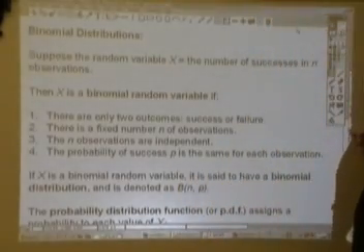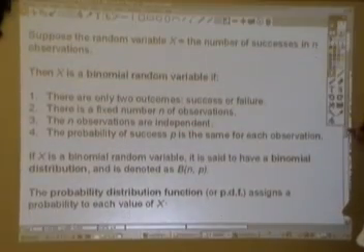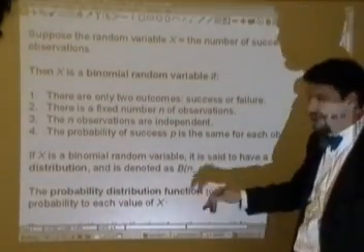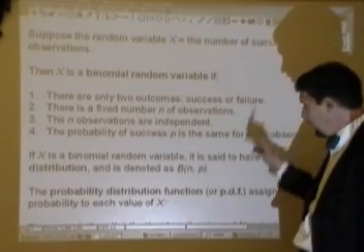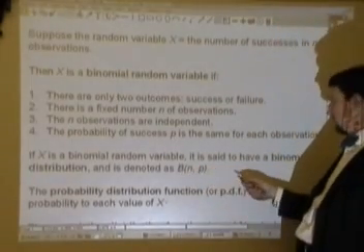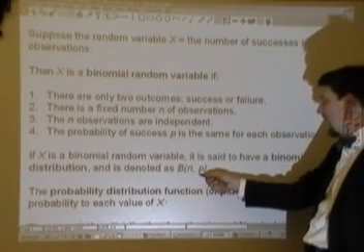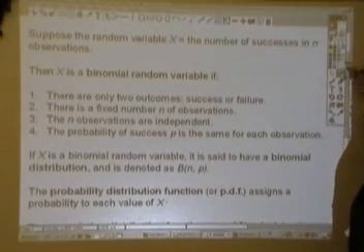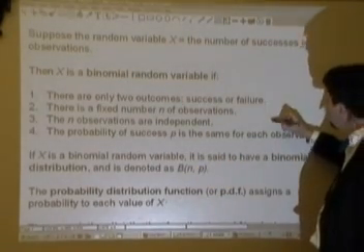Okay? Now, if it is a binomial distribution, we can write it as a distribution. This is so popular that we're going to give it the name of binomial distribution with two parameters, which are n and p. Remember, we've seen this before when we talked about a normal distribution.